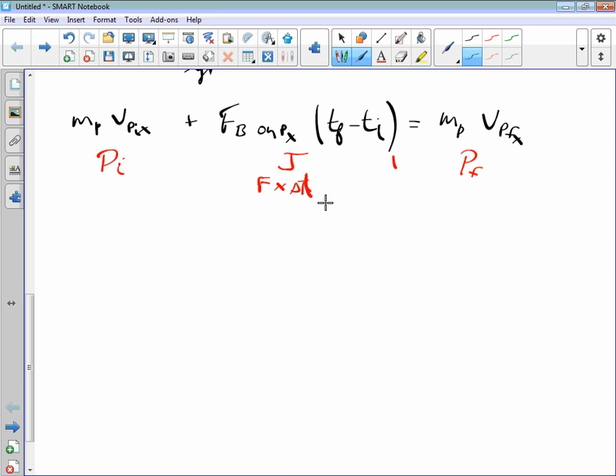So I want to get force by itself. That's what we're concerned with. To do that, I'm going to subtract m_p v_p,i,x, mass of person times velocity of person initially in the x direction, from both sides.